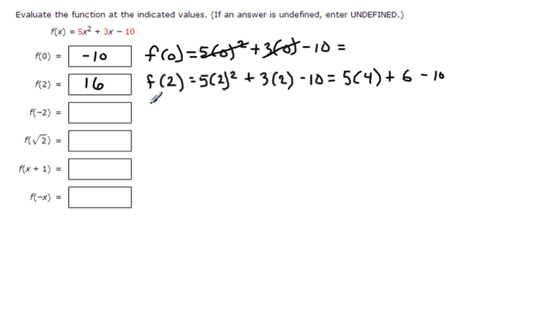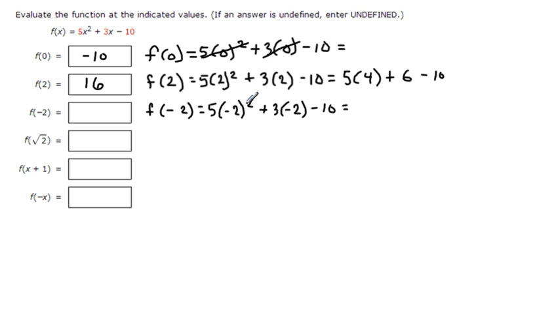Okay, next up, we're going to do f of negative 2. And we're still going to do the same thing that we've been doing. So we're going to write 5 times negative 2 squared plus 3 times negative 2 minus 10. Once again, order of operations.